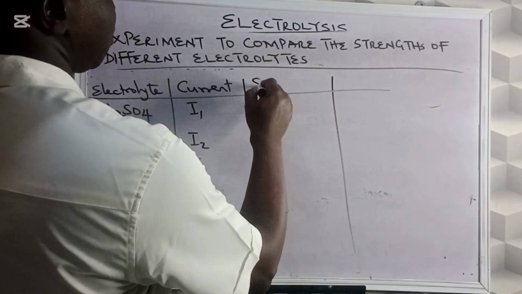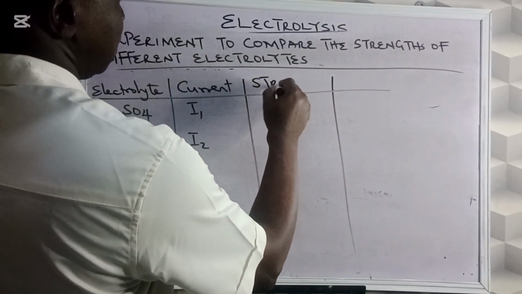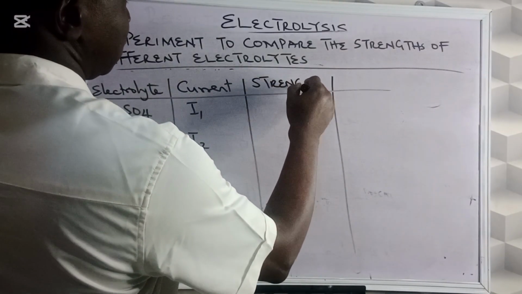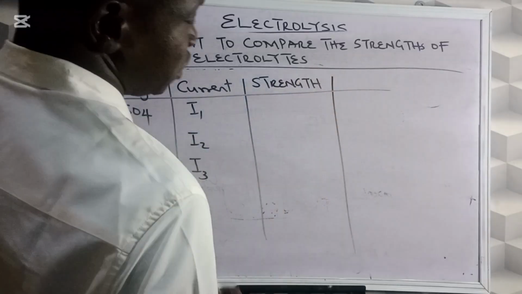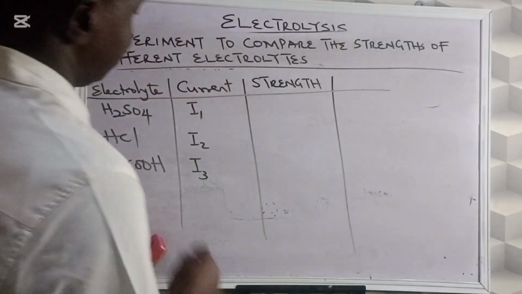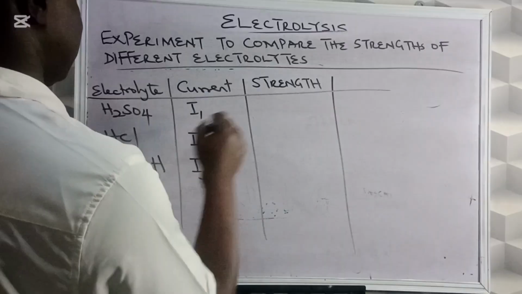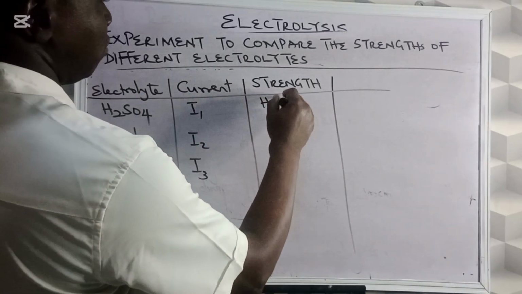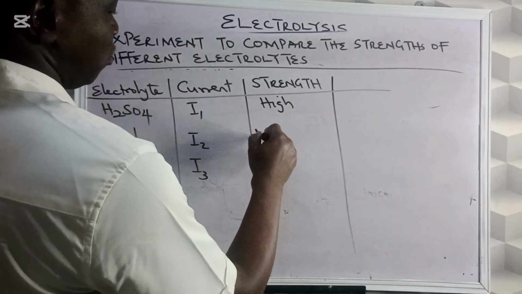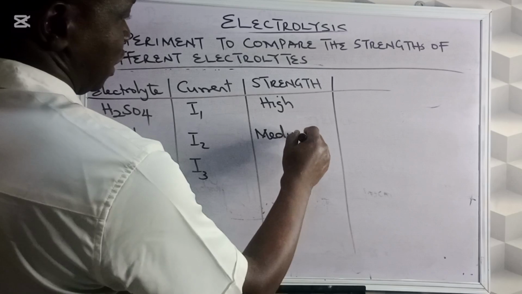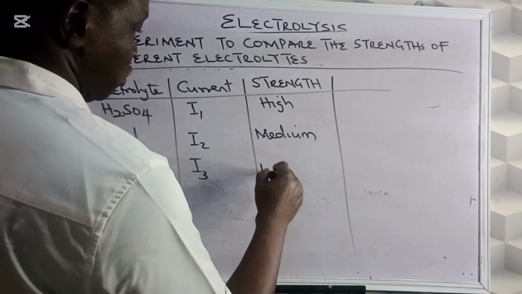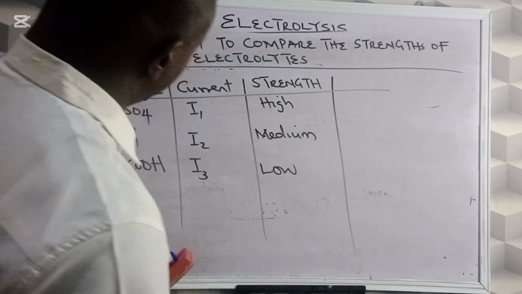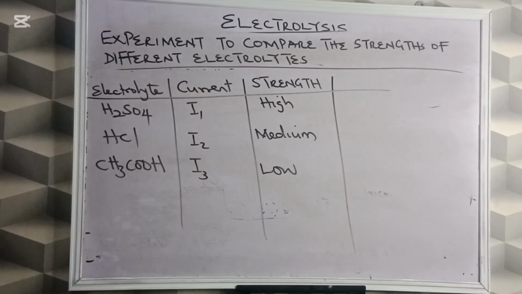So let's see strengths. How do we measure this? We determine the maximum. Here you are going to have the highest, followed by medium, then low. The strongest is the one with the maximum current.